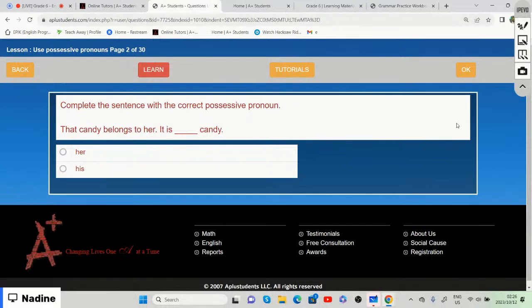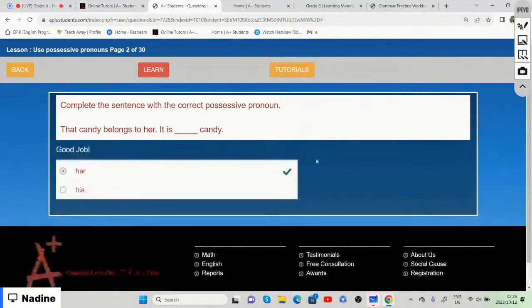If it belongs to her, then we can say that it is her candy, right? Beautiful, lovely.